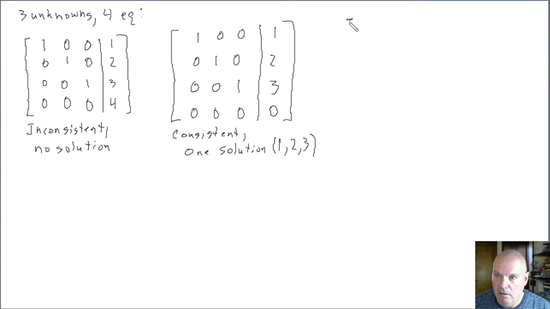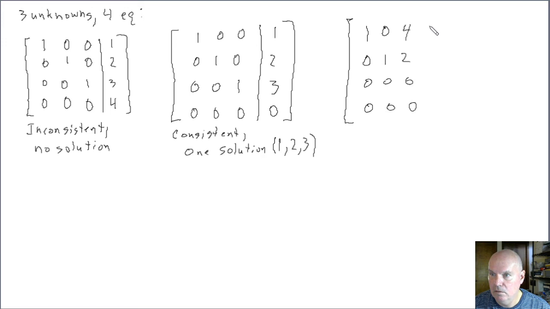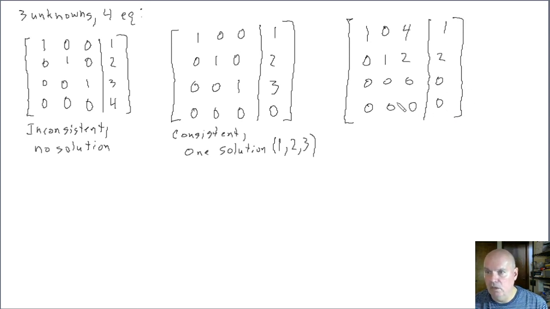Now, for another system of equations, I might get something like this: 0, 4; 0, 1, 2; and then all zeros in the last rows, and let's say 1, 2, and then 0, 0 here. This is still a consistent set of equations.